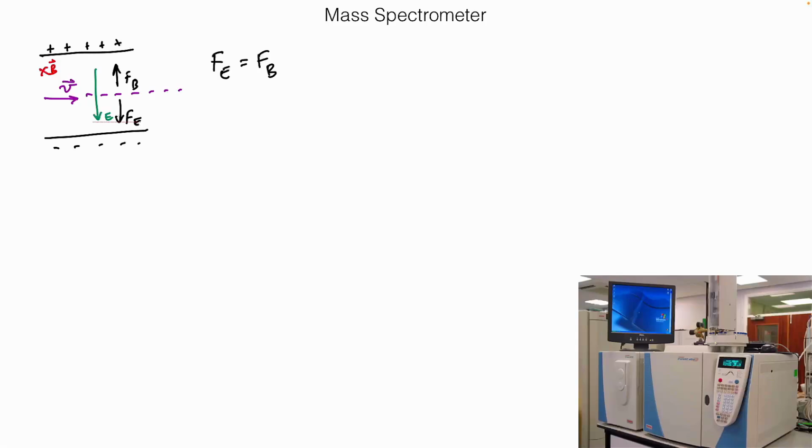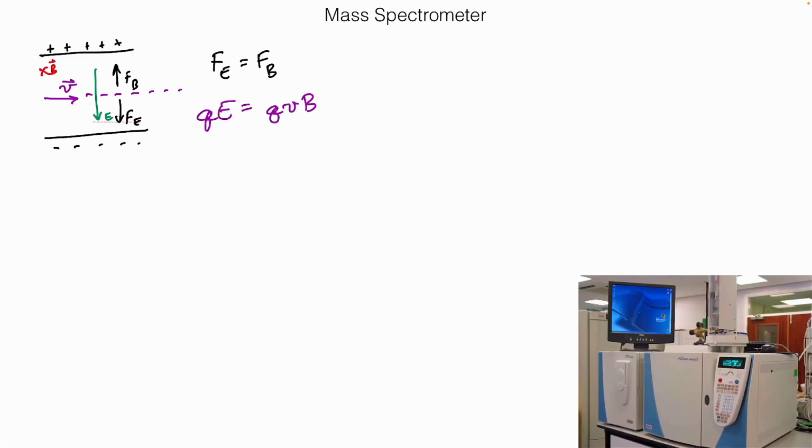If the electric force is stronger, what will the charge do? It'll go down. If the magnetic force is stronger, what will the charge do? It'll go up. What's the only way for this charge to go through straight? For those to be equal. And in order for those to be equal, I need qE to be equal to qvB.